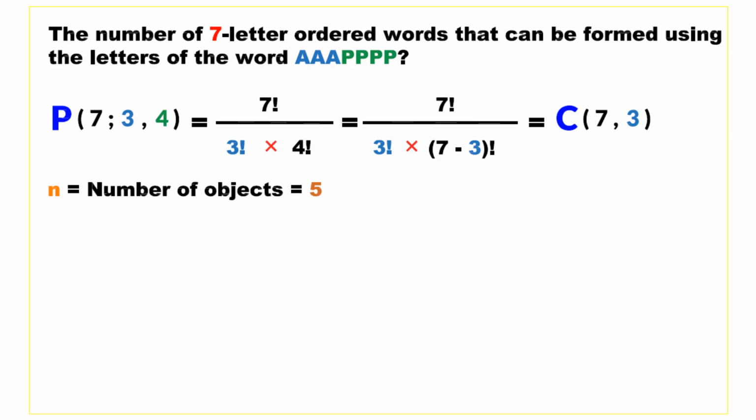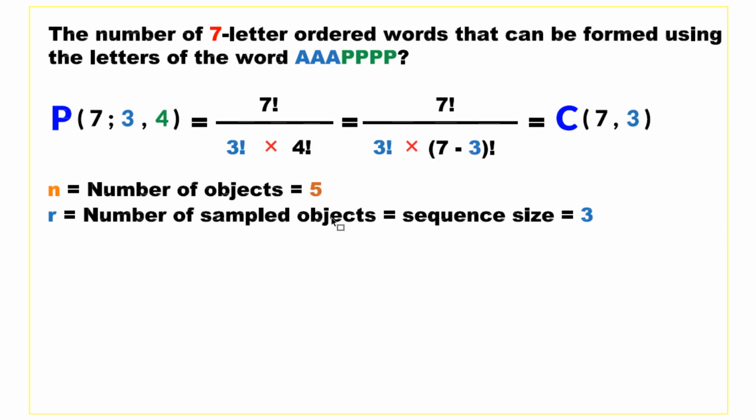But in the original problem, the number of objects we have is 5 and the number of sampled objects is 3. So what is this 7 and what is this 3 in terms of n and r in our original problem? So 7 is equal to 5 plus 3 minus 1, which is equal to n plus r minus 1.